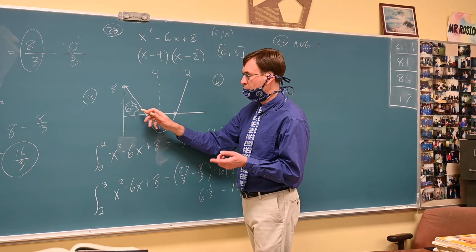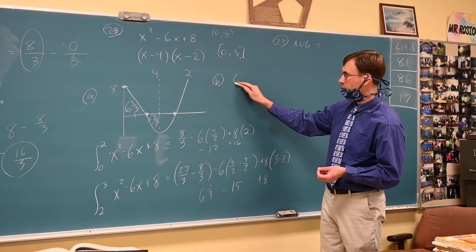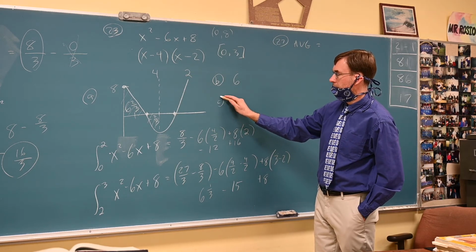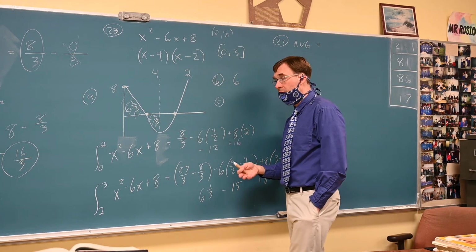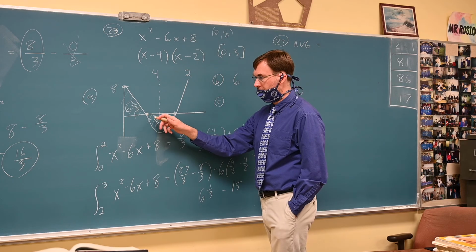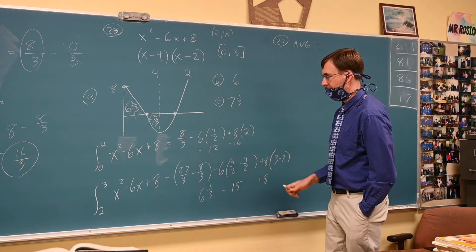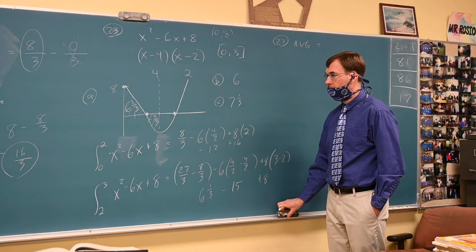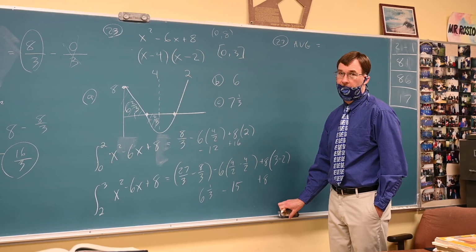So if we do this, put together with this as they are, the integrated answer would be 6. For C, they asked us to do the area. Area means positive only. So we have to put these together, but positives only, making the negative into a positive, then that would be 7 1/3. Question about that?